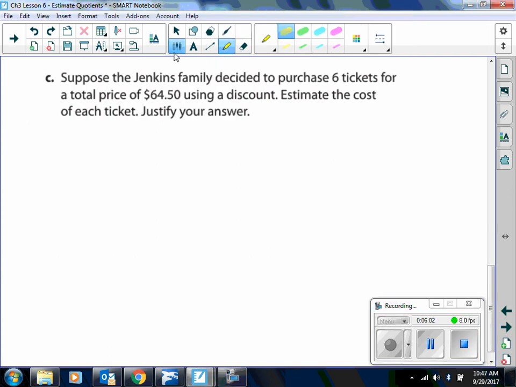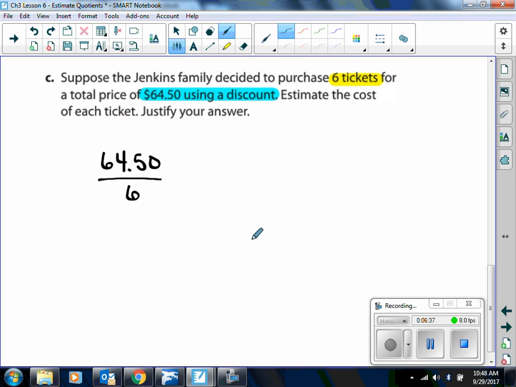All right. So suppose the Jenkins family decided to purchase 6 tickets for a total of $64.50 using a discount. We want to estimate the cost of each ticket, and then we want to justify our answer. So in this problem, we are going to divide the $64.50, and we're going to divide by 6 tickets.